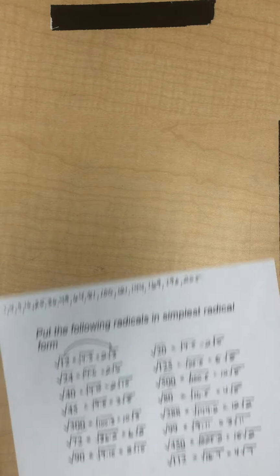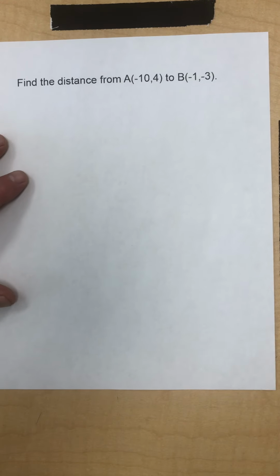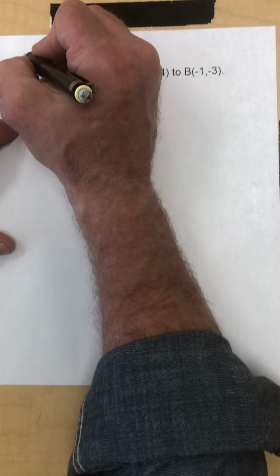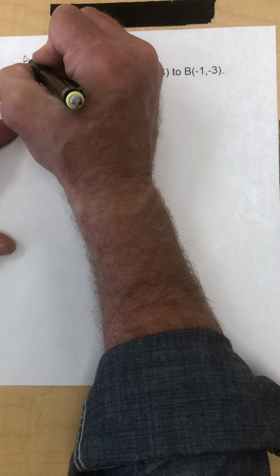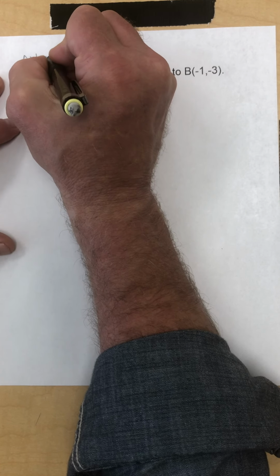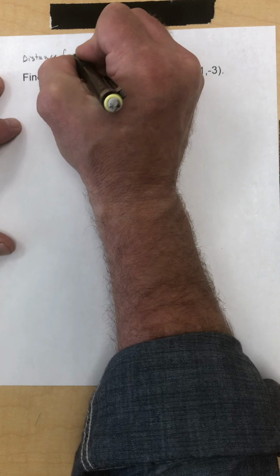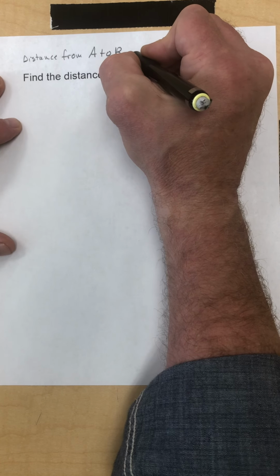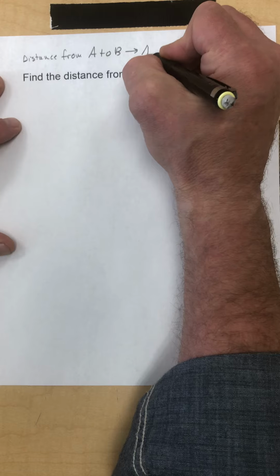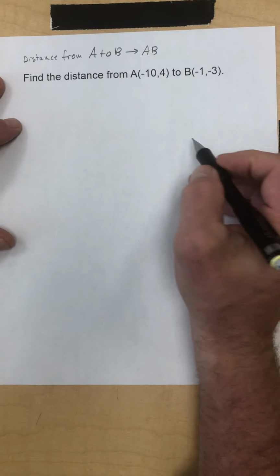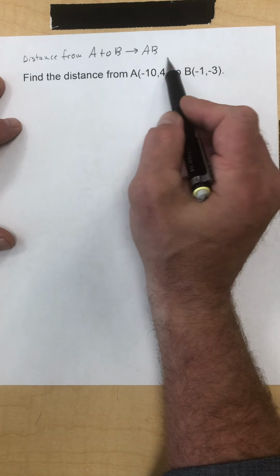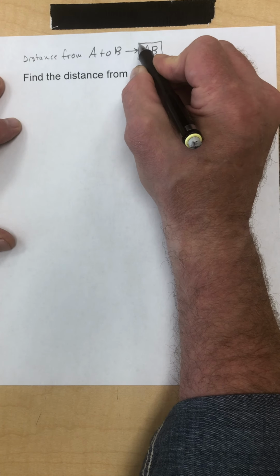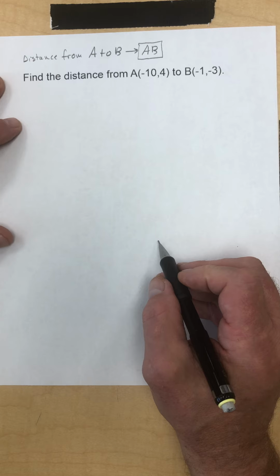So we're trying to find the distance from point A to point B. When you're talking about distance from A to B, we represent that by just saying AB. It's the length of segment AB. That's the same as saying the distance from A to B. So that's how we represent distance or length.